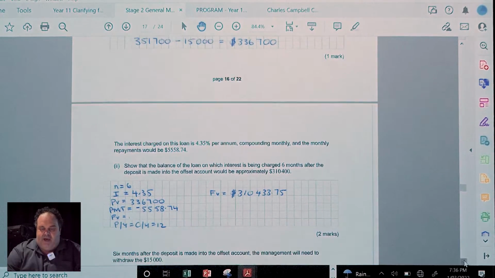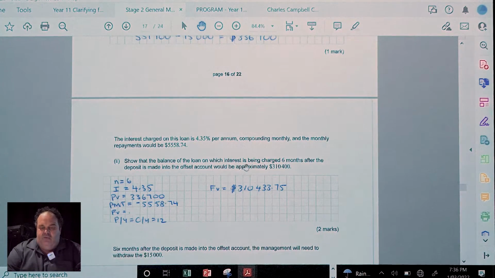The second part, we're used to things being done for a long period of time. So we're taking the number we've found in part I as our present value, that's our loan amount, and we've got that lower amount in there for 6 months, so we're finding the future value.